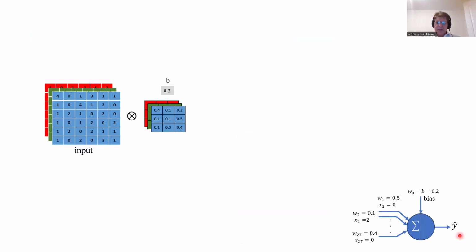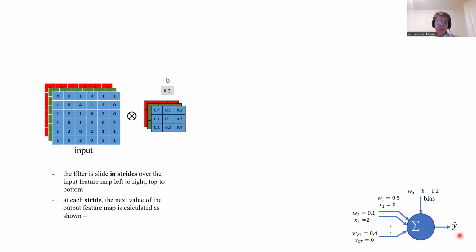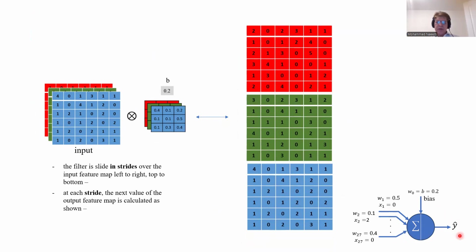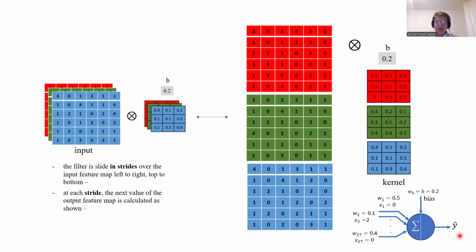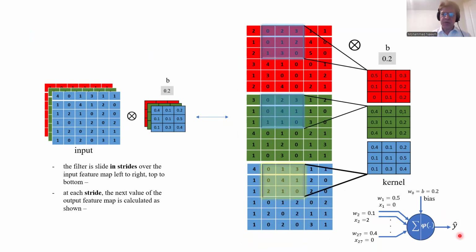Now, the second stride. The kernel is moved to the right by one position, because the stride amount is one. And again, the calculations are performed by the usual neuron operation, which gives us the next value of the output feature map.